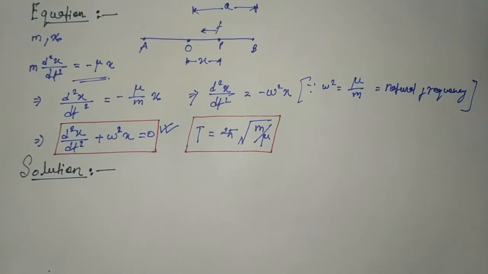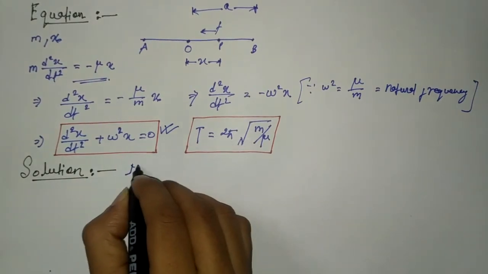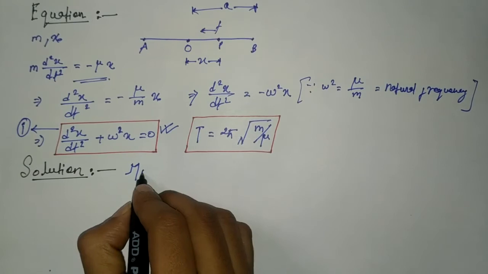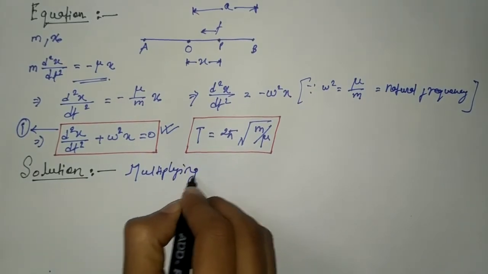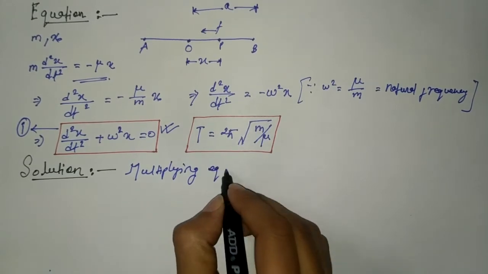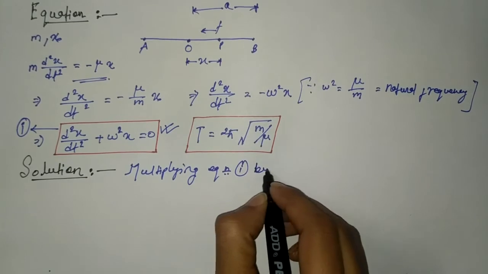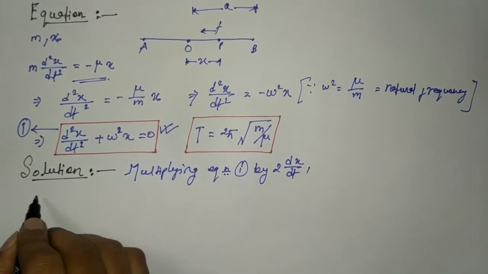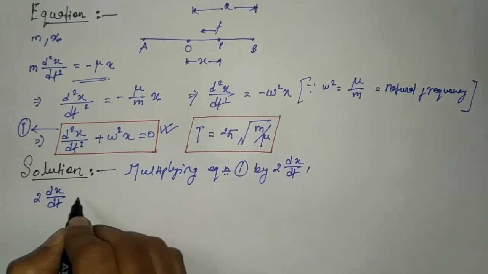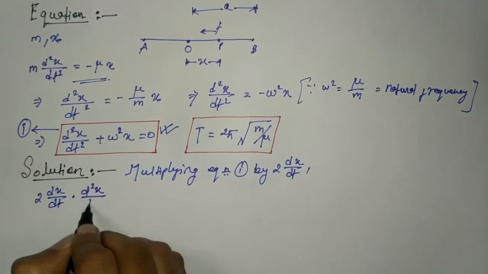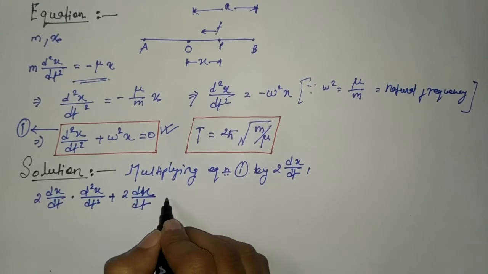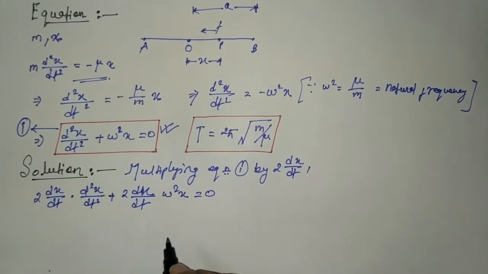If we name this equation as equation number 1, then multiplying equation 1 by 2 dx by dt, we get 2 dx/dt into d squared x by dt squared plus 2 dx/dt into omega squared x is equal to 0.